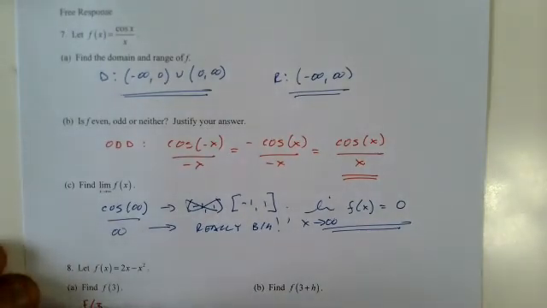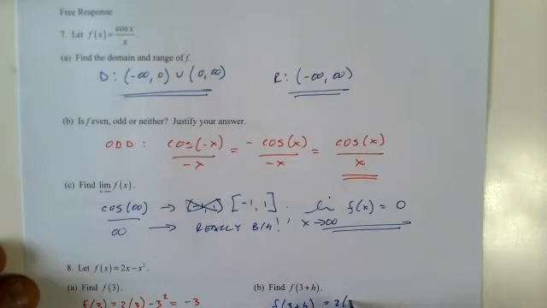f of 3 is 2 times 3 minus 3 squared, which equals negative 3. Find f of 3 plus h. I feel like they're setting up a difference quotient here. f of 3 plus h equals 2 times (3 plus h) minus (3 plus h) squared, which is 6 plus 2h minus 9 minus 6h minus h squared.